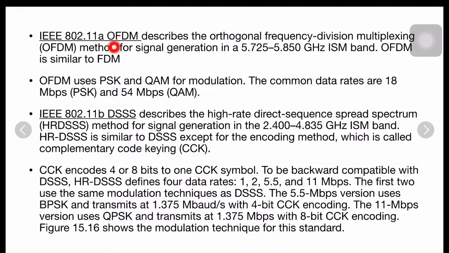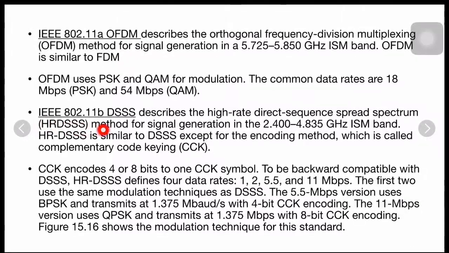Next comes OFDM, orthogonal frequency division multiplexing methodology. So here what is the frequency band? It is 5.725 to 5.850 gigahertz ISM band. Okay, so OFDM is similar to FDM, frequency division multiplexing concept.